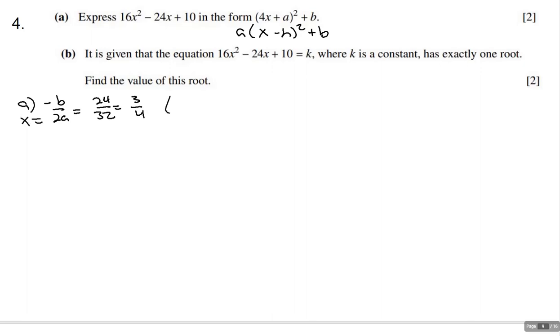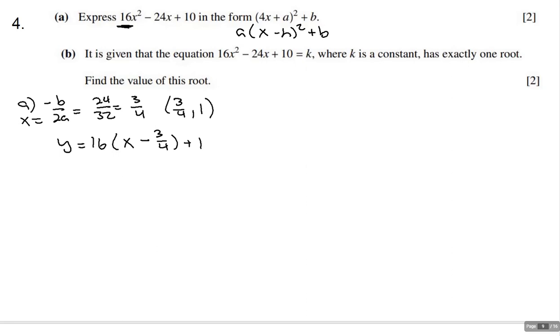And then all I'm going to do is go with my calculator and figure out what the y part of the vertex is. The y part of the vertex is going to be 1. So this is going to be 3/4, comma 1. That's our vertex. So if I go to plug this in vertex form, in this case, a is equal to 16. So it's going to be y equals 16, and then it's going to be x minus 3/4, and then plus 1.